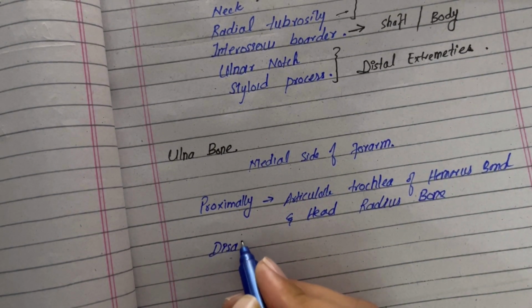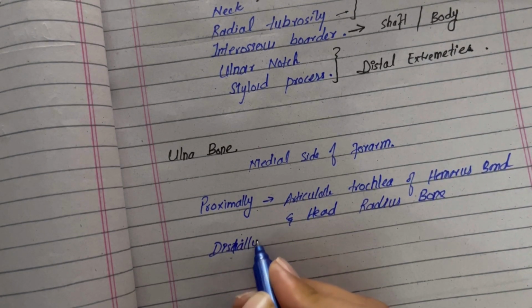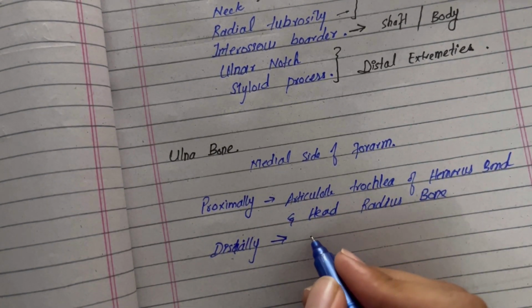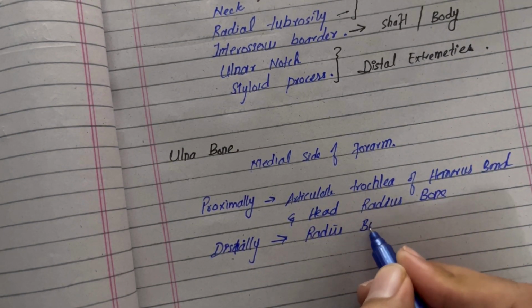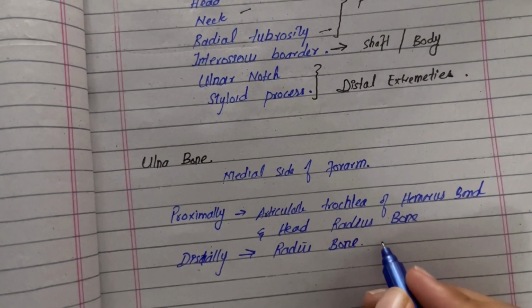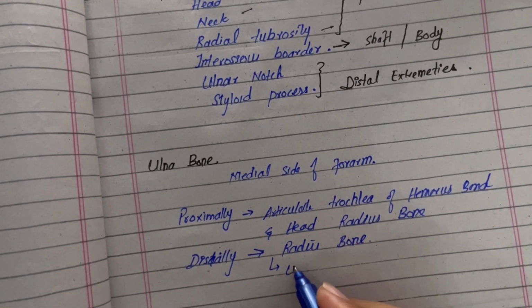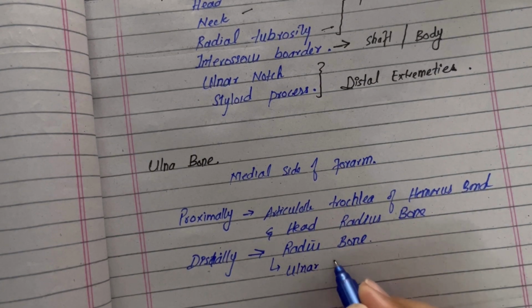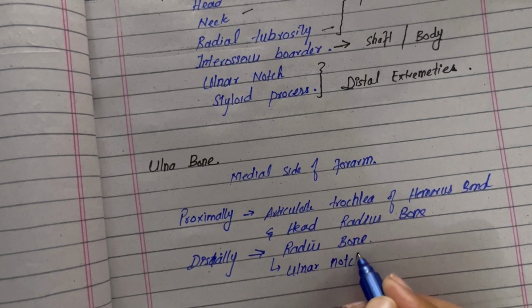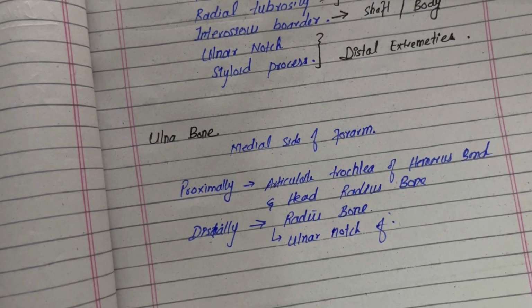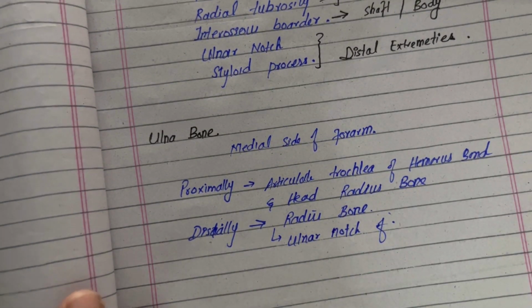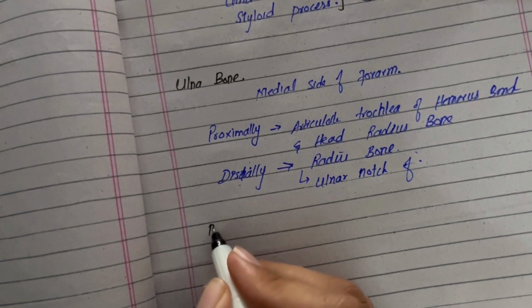Distally, it only articulates with the radius bone, at the ulnar notch of the radius bone. Now moving toward the bony features of the ulnar bone.